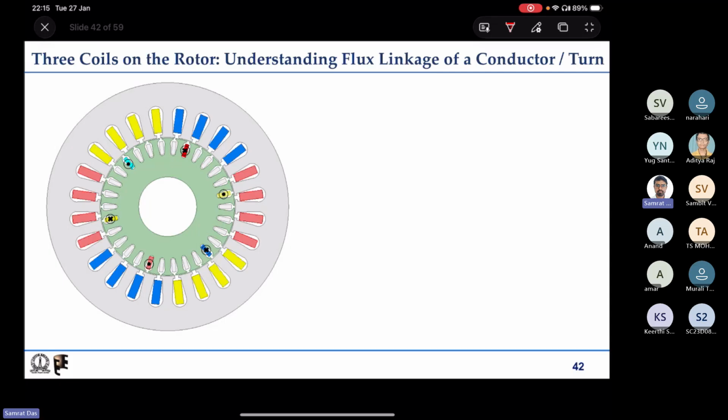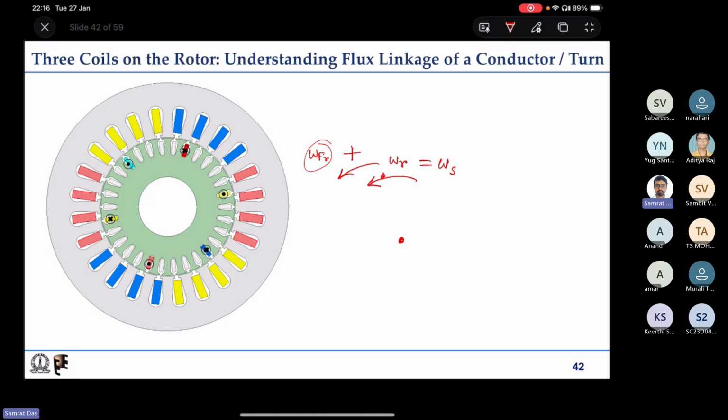We are utilizing this relative speed concept: the rotor itself rotates at omega r, and the rotor field with respect to the rotor rotates at omega fr. So with respect to a stationary observer, the rotor field rotates at omega fr plus omega r, and if this is maintained at omega s, the criteria for torque production is fulfilled: two fields rotating at the same speed with some angular displacement.